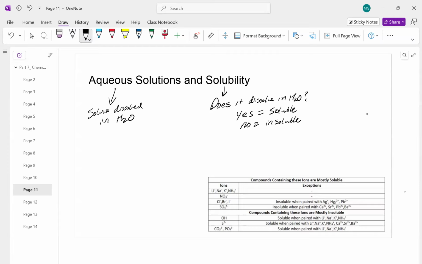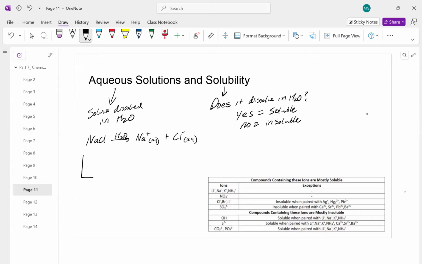Now, for example, let's take sodium chloride, table salt, and let's put it in water. Sodium chloride is known as a strong electrolyte. I'll go deeper into that much later. But strong electrolytes fully dissociate, they fully dissolve in water. And what I mean by dissociate is that they separate into their ions, sodium cations and chloride anions.